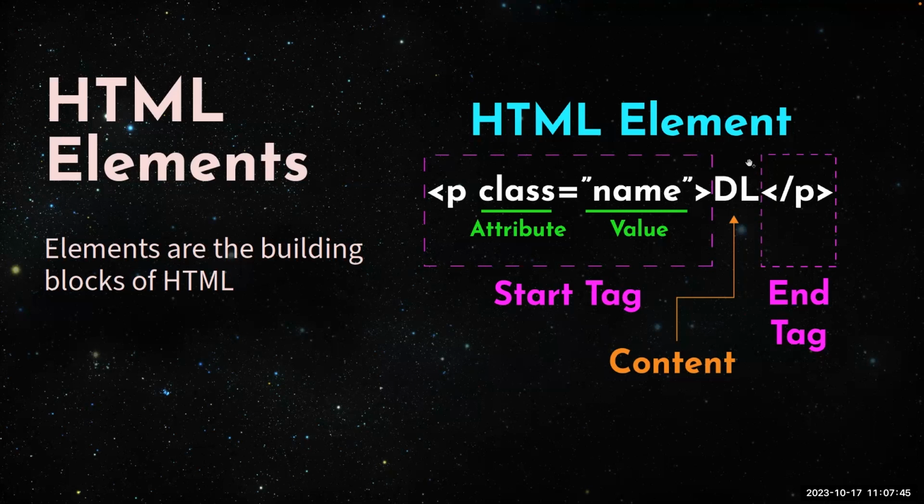But back to this element, in between our starting and our ending tag, we'll see any piece of content that we're actually adding. So in this case, we are defining a paragraph element, which is just body text. Like if you were to open up a Word doc and start typing normally, that's the text you'll see. And DL, which I put here, will actually be the content that's displayed on the web page because it's in between those tags.